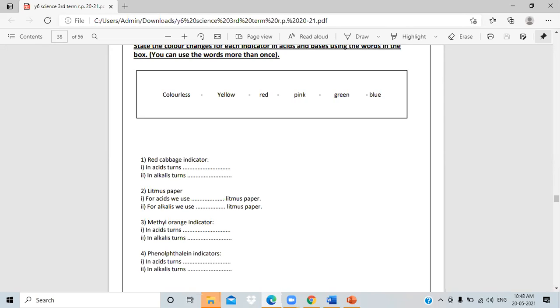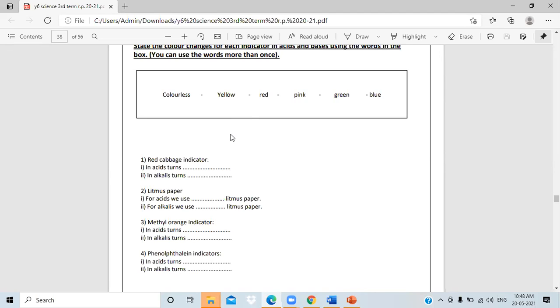You have all the color changes that happen in most of the indicators that we have learned about, and you need to put them in the right gap. Of course, you can use the words more than once, because more than one indicator turns pink, and more than one turns blue. So we're going to see.